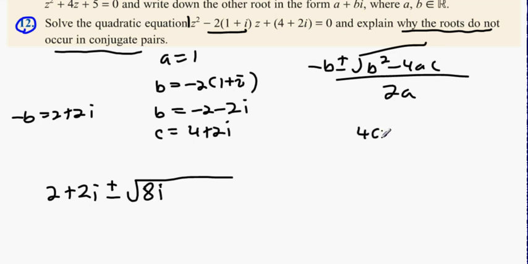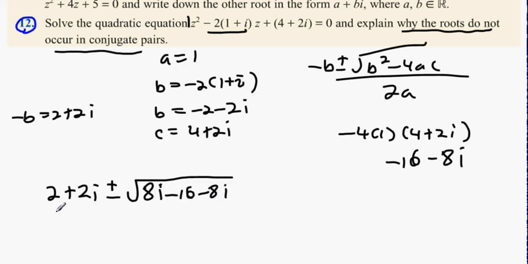So minus 4 times 1 times c, which is 4 plus 2i. So what we're going to get here is minus 16 minus 8i, which is interesting. And then that's all going to be over 2 times 1.